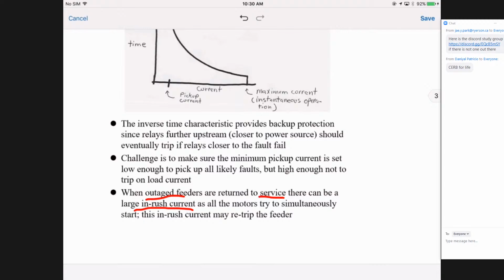Okay, do you know why? Do you know why the transformer will take 8 to 10 times more than the normal current in the inrush, and the motor maybe takes 6 times? Anyone can answer me? No?